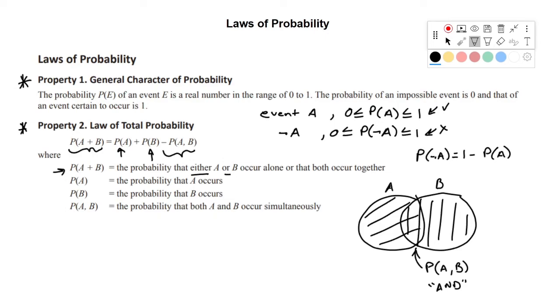So this was counted twice when we did probability of A plus probability of B. So we have a duplicate there, and we have to get rid of that overlap. That's why we're subtracting out the probability of A and B. So now if we do this, we will get the situation where event A can occur, event B can occur, or both events can occur.